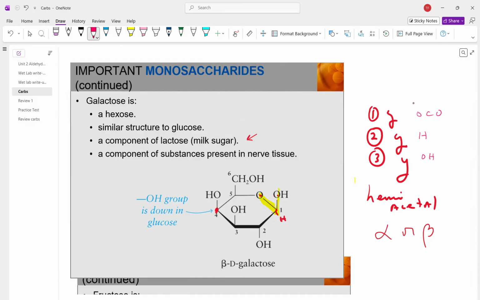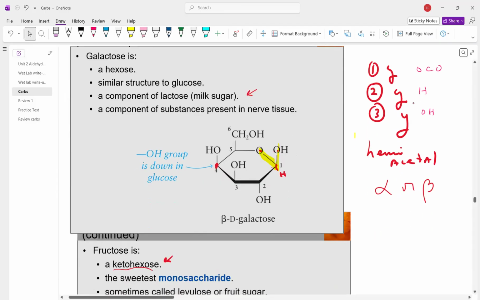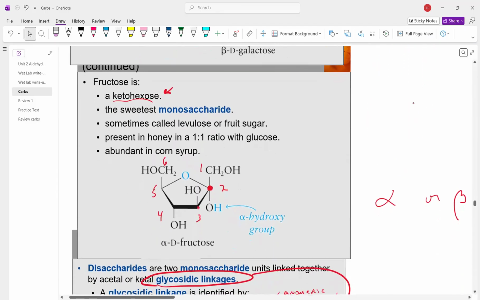So this is a reducing sugar. It's a really important sugar in your body. It's used in neurological pathways quite a bit. It's also a component of lactose.